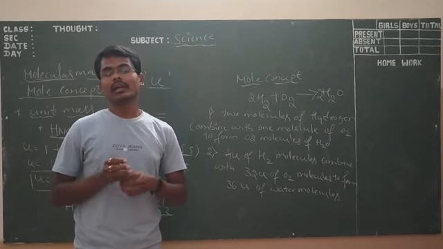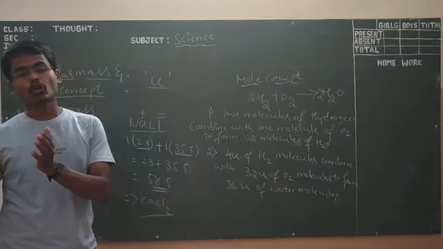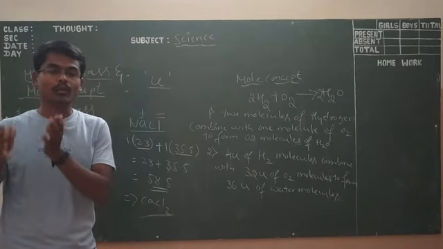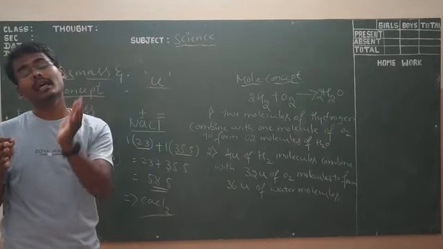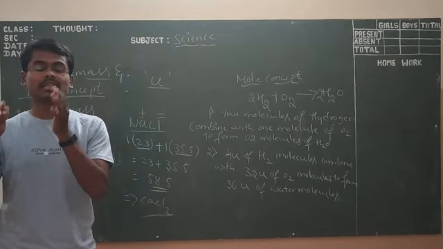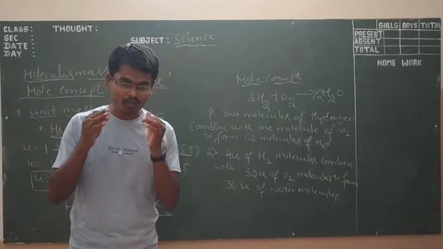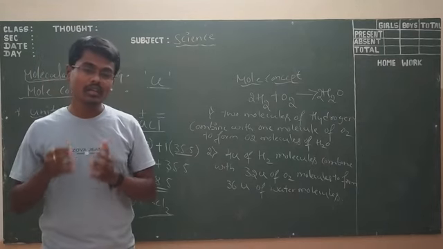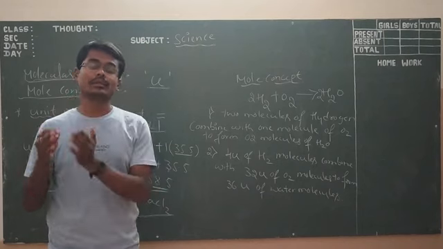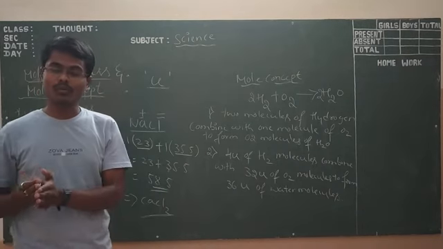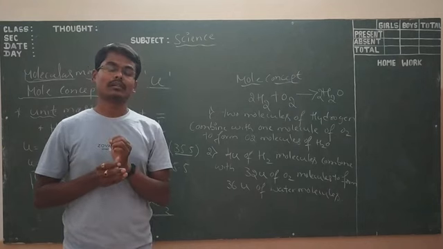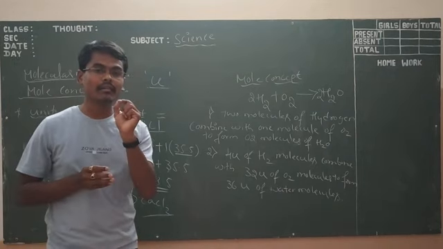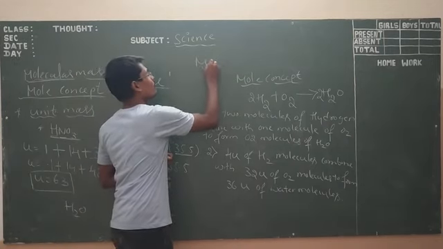Mole is the number of atoms, number of molecules, or number of particles present in a chemical substance, in an element, in a compound. How many atoms, how many molecules, how many particles are present in a chemical substance or in an element or in a compound, that concept we are going to describe using a word called mole, M-O-L-E.